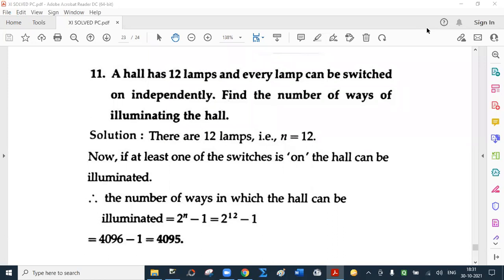Now 2 positions for each. So 2 into 2 into 2, how many times? 12 times. Now all the bulbs will be off in only one situation, one case, one possibility. So the total number of ways in which the hall can be illuminated will be what? 2 raised to 12, which is 4096, minus 1, that is 4095.